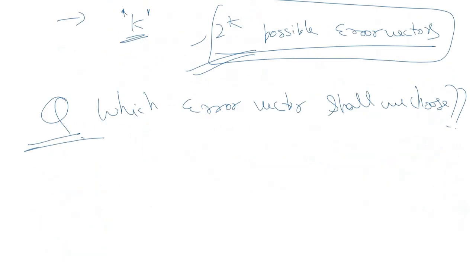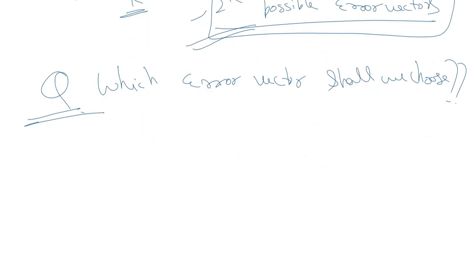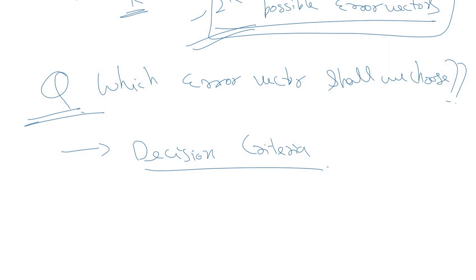Okay, so for this decision of the correct or the most optimum error vector, we shall decide a decision criterion. One reasonable decision criterion is the maximum likelihood rule, which states that if we receive R, then we decide in favor of that C for which R is most likely to be received.